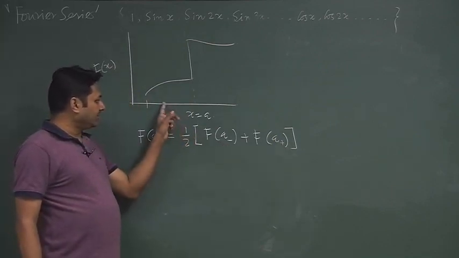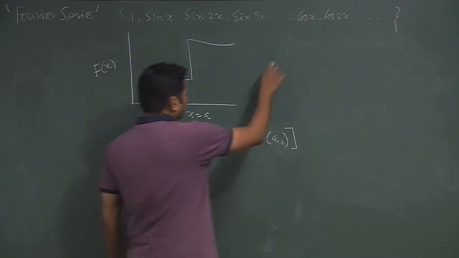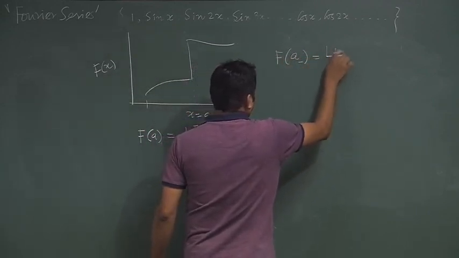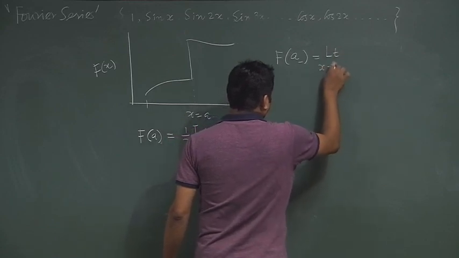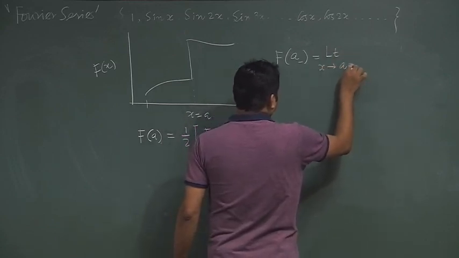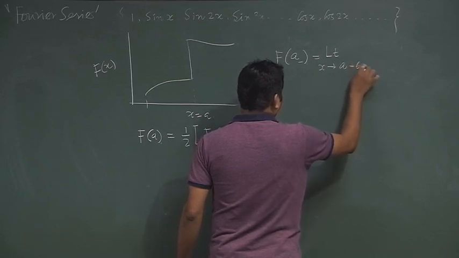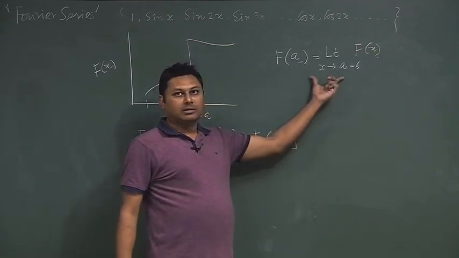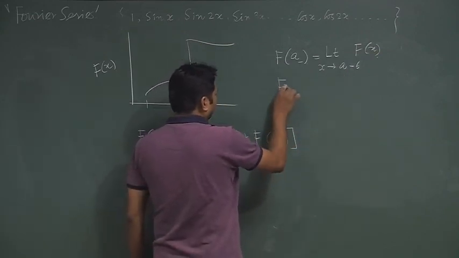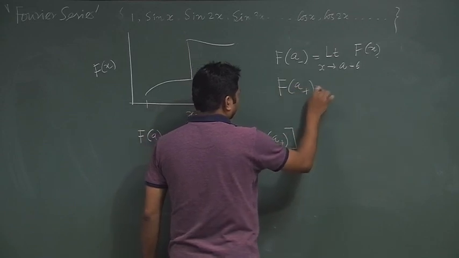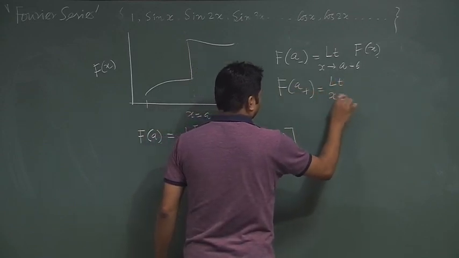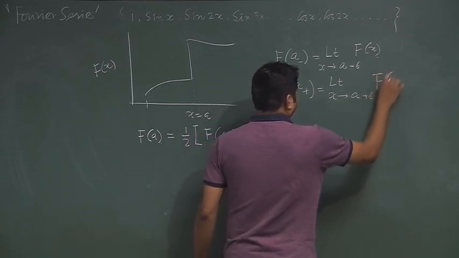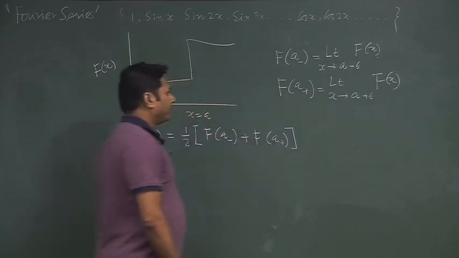This value is nothing but the left hand limit, f(a minus), which is the limit as x tends to a minus epsilon of f(x), and f(a plus) is the limit as x tends to a from the right.